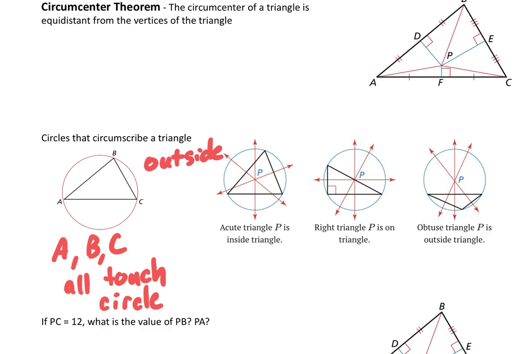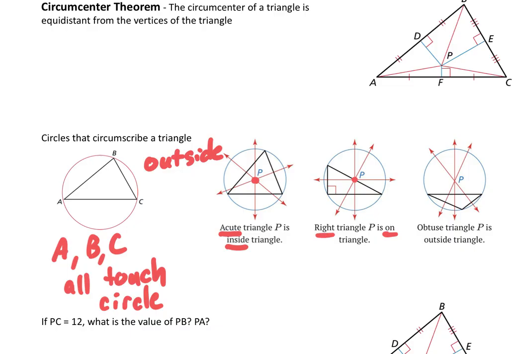Now, there's a lot of different ways that this could be seen here. First of all, if we have a circle that goes around an acute triangle, P is the center of that circle, and the center of the circle is on the inside of the triangle. Okay, so P is the center of the circle and P is inside the triangle. Here, P is the center of the circle, but P is on the triangle, and it's a right triangle.